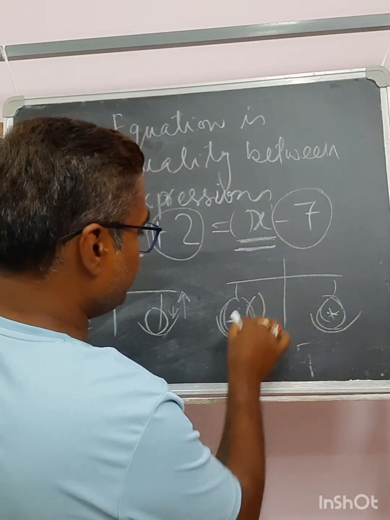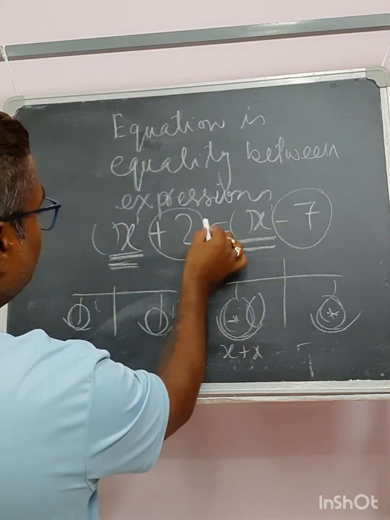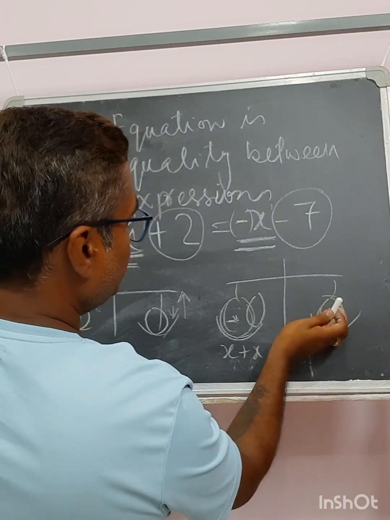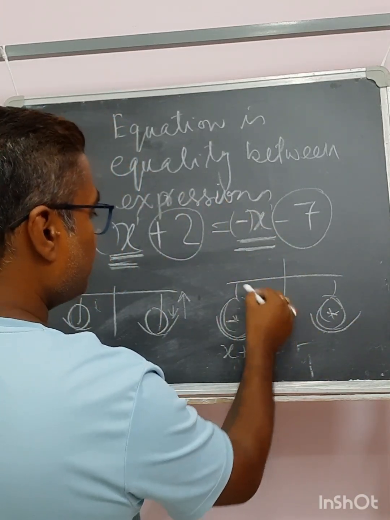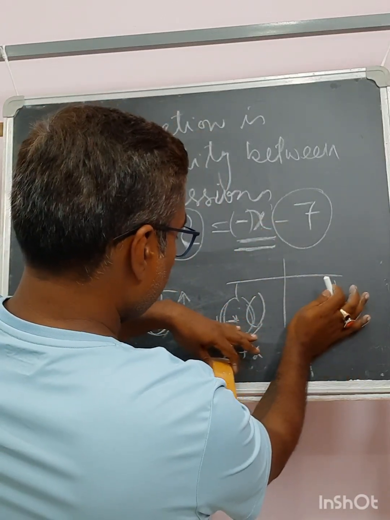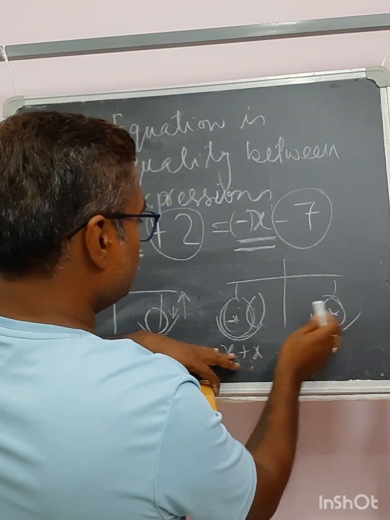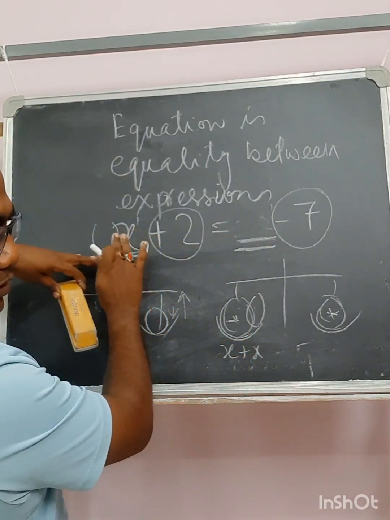So putting it on the same side means this will be added. If I want to bring it to this side, it has to be something on the negative side. That means this has to be brought to make it positive. So this has to be nullified, meaning if I physically remove it, it is already negative. So if I remove it, it will give only x.